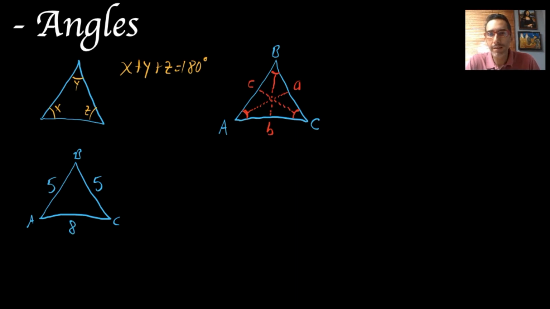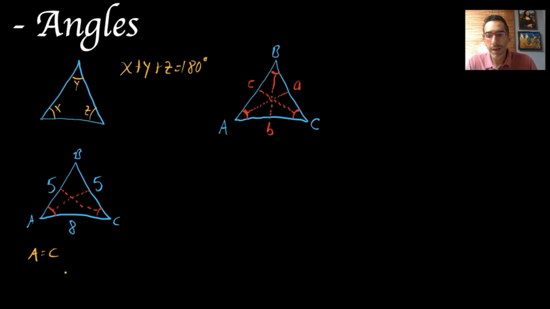So keeping in mind that connection between the sides and the opposite angles, right now I can guarantee, see, this angle A is connected to this 5, angle C is connected to this 5. So even though I don't know the measure of the angles, I can guarantee that angle A is equal to angle C. Why? Because they are opposite two sides that have the same length. So that we can guarantee.